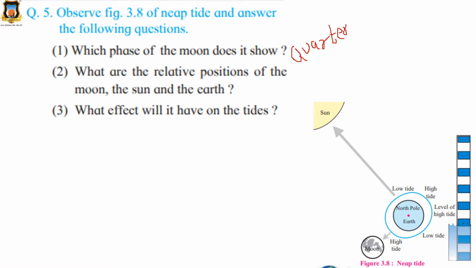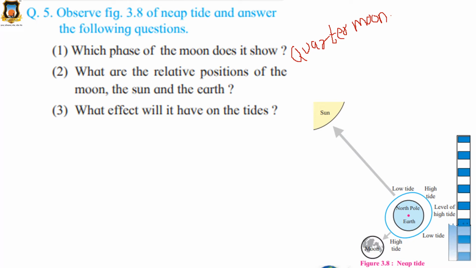Quarter moon. Understood? Which phase does it show? Quarter moon. Why? Because it is forming the right angle.